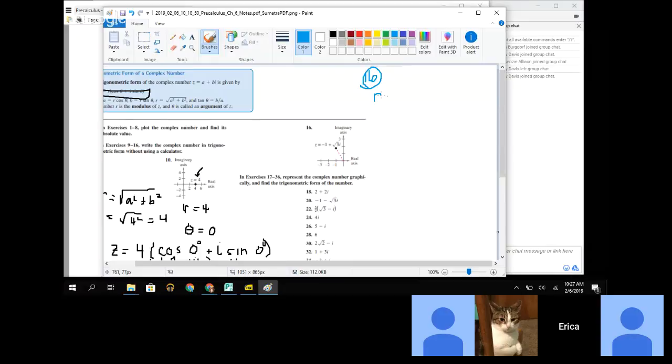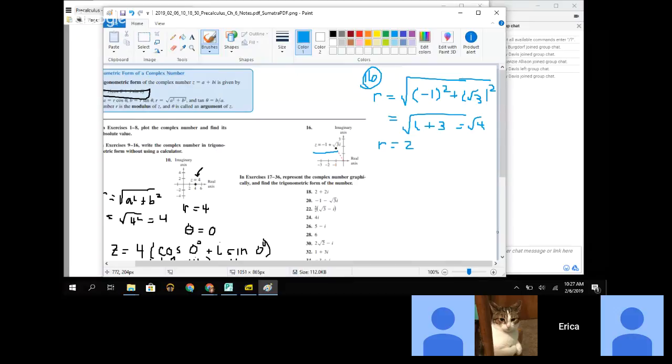My number is negative 1 plus square root of 3 i, so r is the square root of negative 1 squared plus square root of 3 squared. My absolute value, my modulus, is the square root of 1 plus 3, or the square root of 4, or 2.